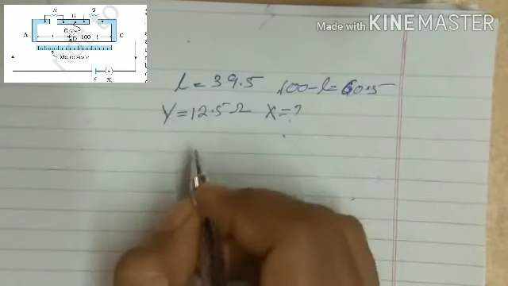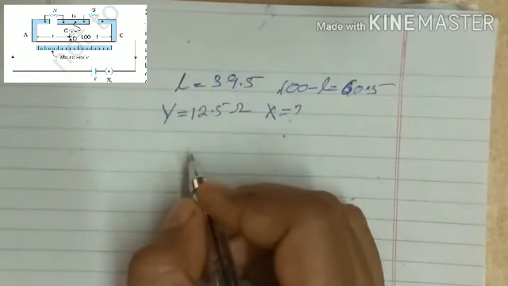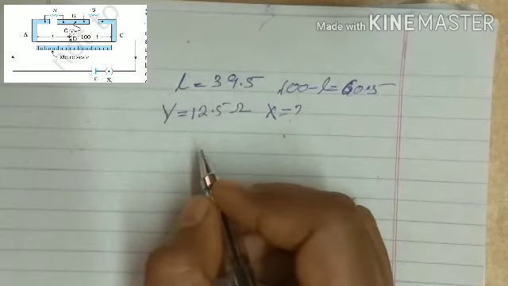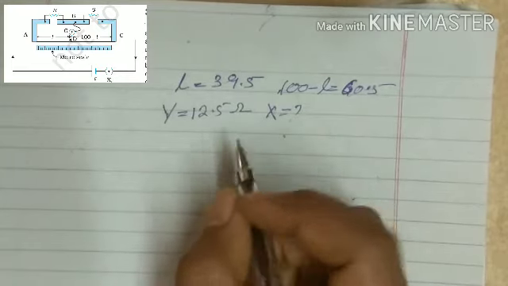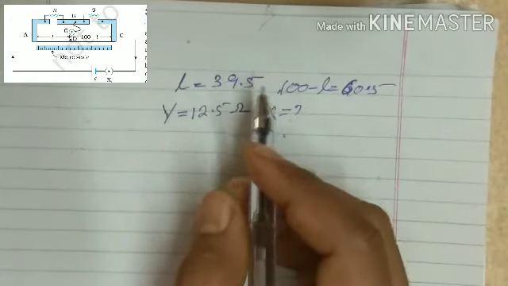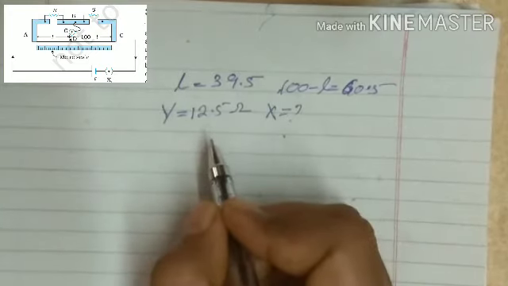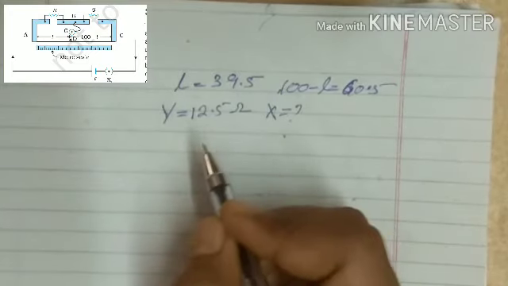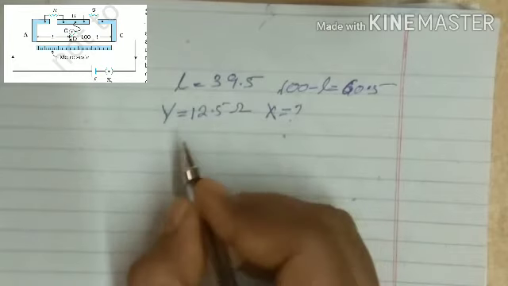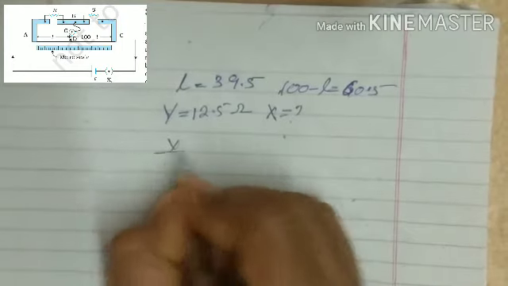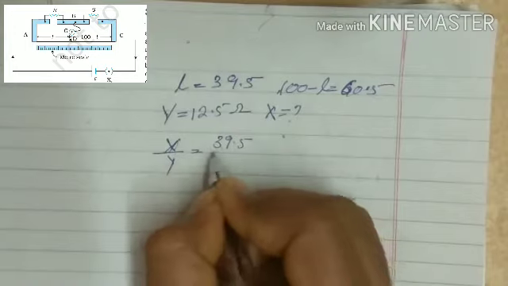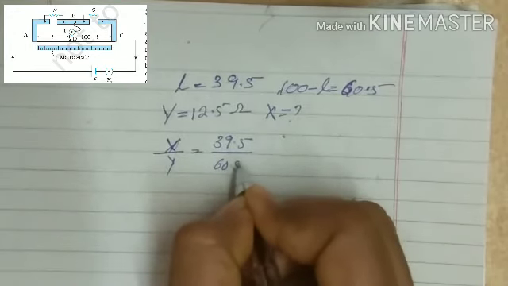So what is our equation? From the figure, it is clearly understood that this L is proportional to X because L is measured from A. I'll just go back to refer to that picture. So L is measured from A. So we can write the proportionality X by Y is equal to 39.5 by 60.5.